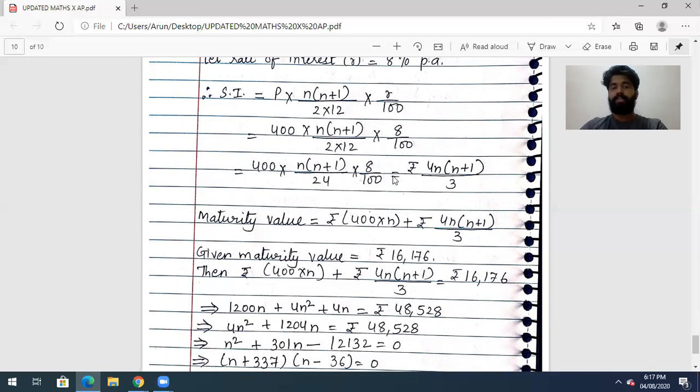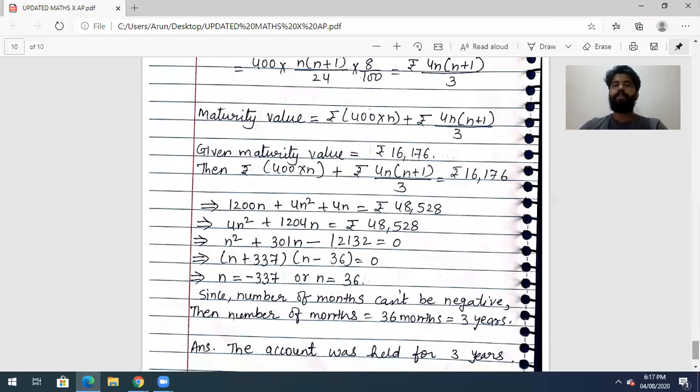You make the calculations, ये दोनों zeros cut, 8 ones are 8, threes. You are left with 4n into n plus 1 in the numerator and 3 in the denominator. So we have the interest as 4n into n plus 1 upon 3. Maturity value we know is sum deposited plus the interest. So sum deposited is P into N, that is 400 into N, plus 4n into n plus 1 upon 3.